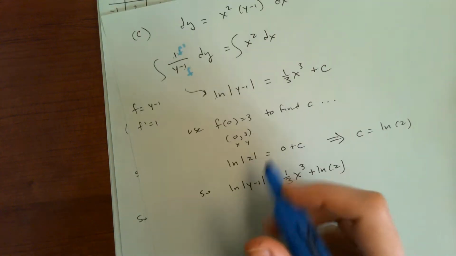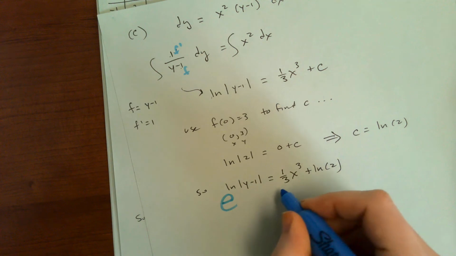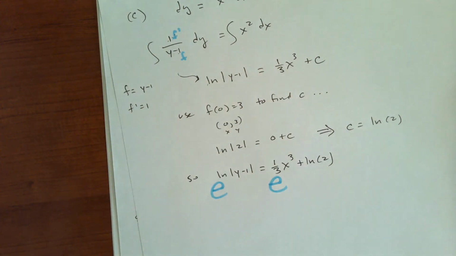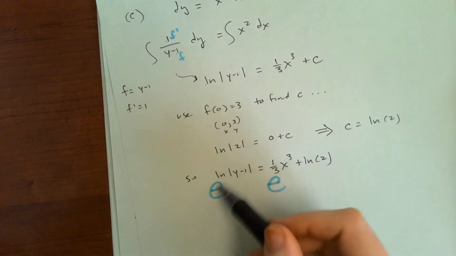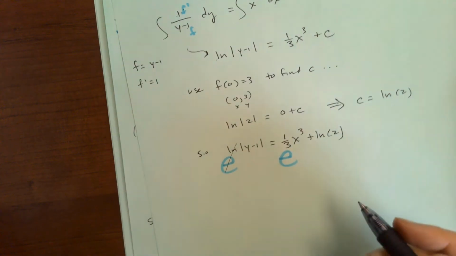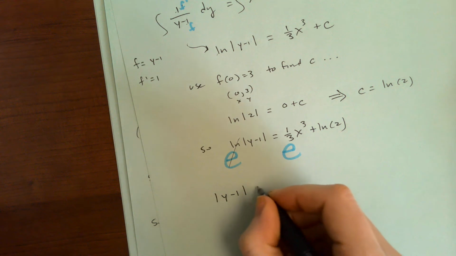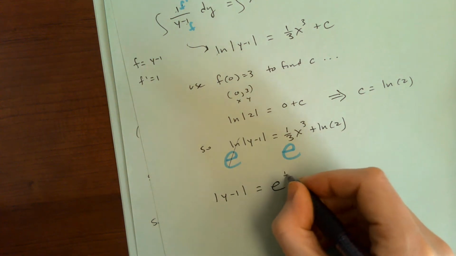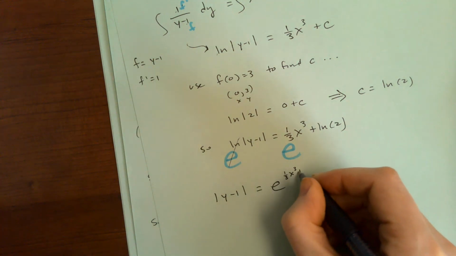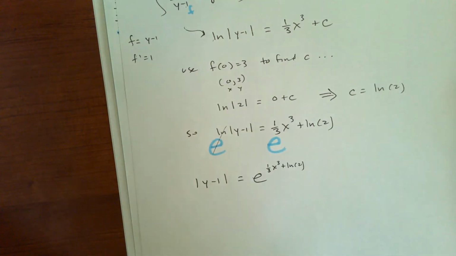Then I'll put a base of e on both sides. So these will cancel. We get absolute value of y minus 1 is e to the 1/3 x cubed plus natural log of 2.